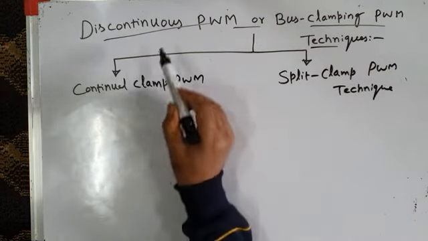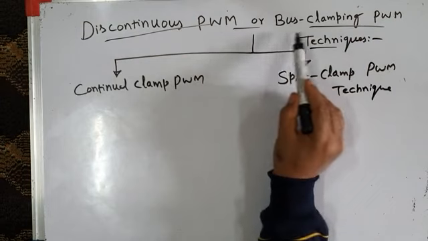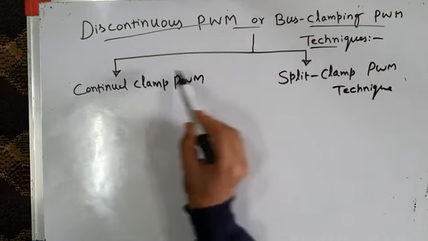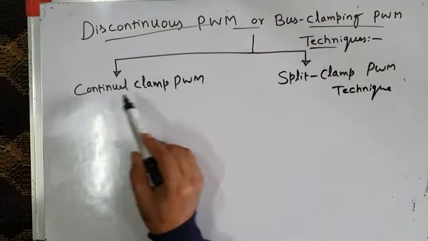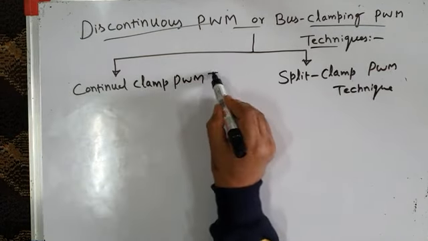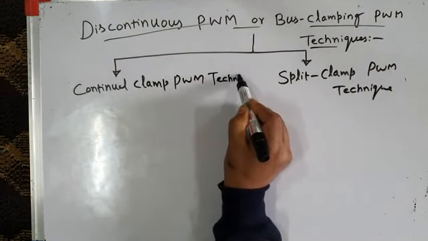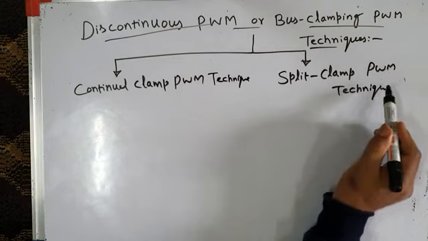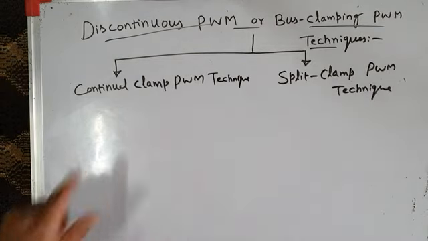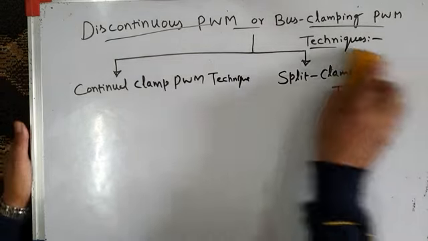So I repeat, the discontinuous PWM techniques or bus clamping PWM techniques are classified into two categories: continual clamp PWM technique and split clamp PWM technique. In today's lecture, we are going to discuss the continual clamp PWM technique. So let me write.